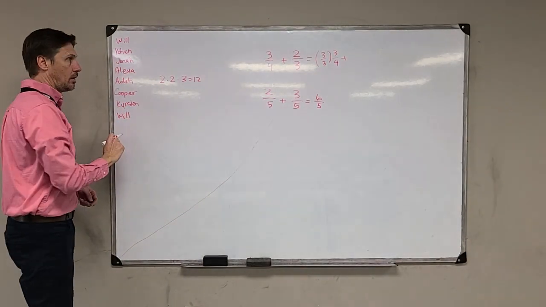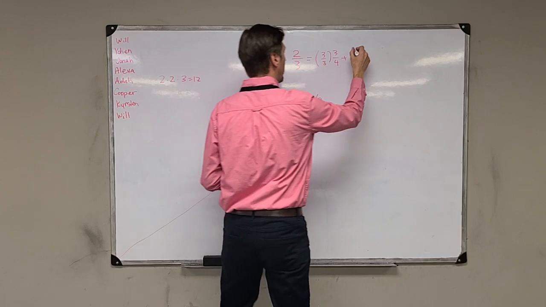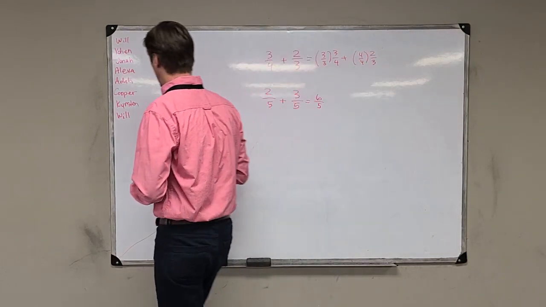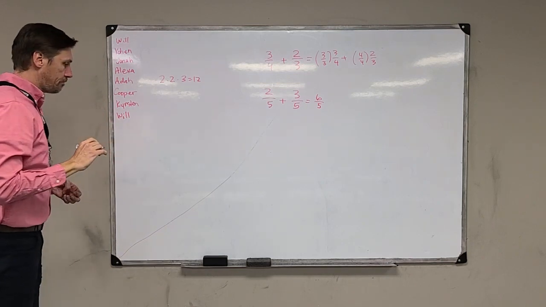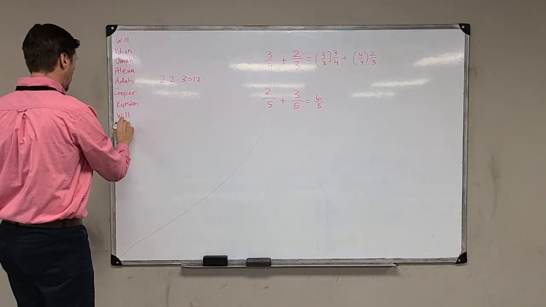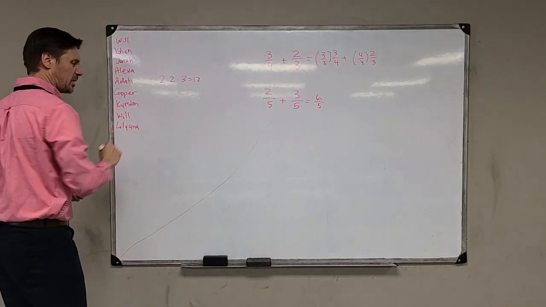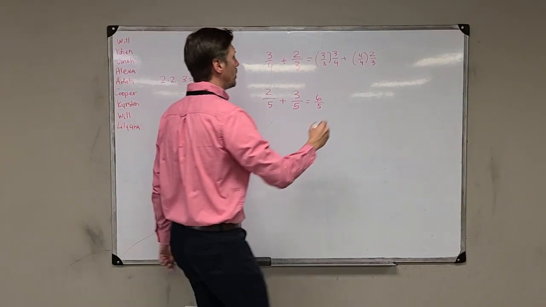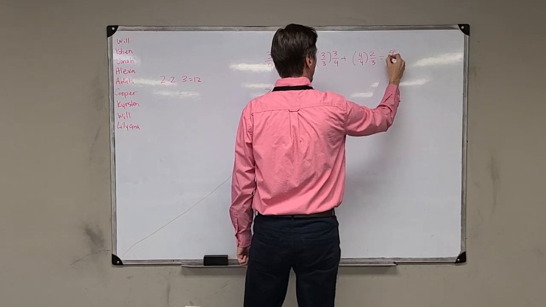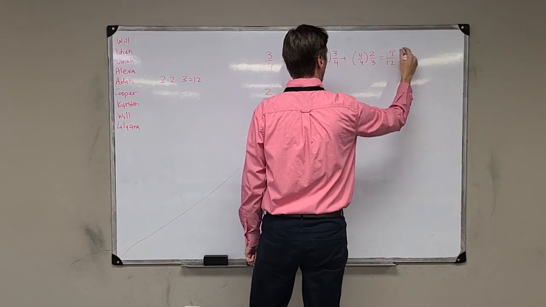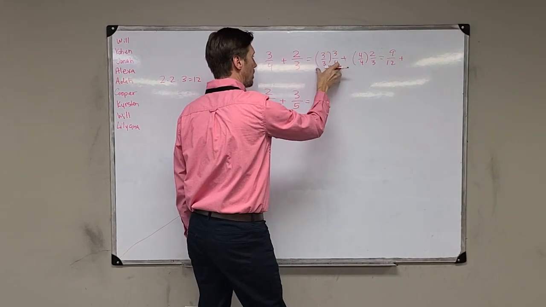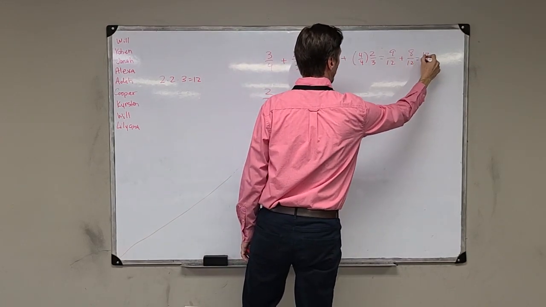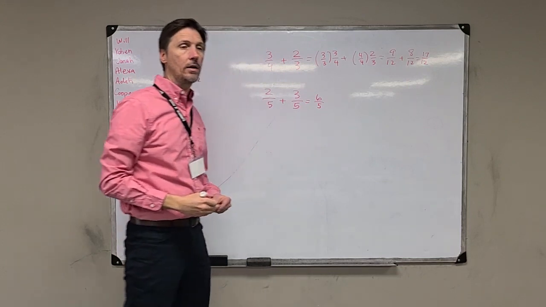Same thing: multiply top and bottom by 4. When we do that, we get 9 over 12 for the first term and 8 over 12 for the second, and then we can combine them and say our answer is 17 over 12.